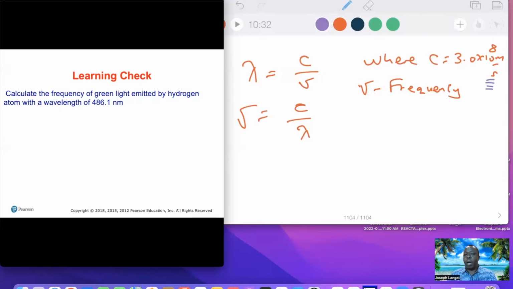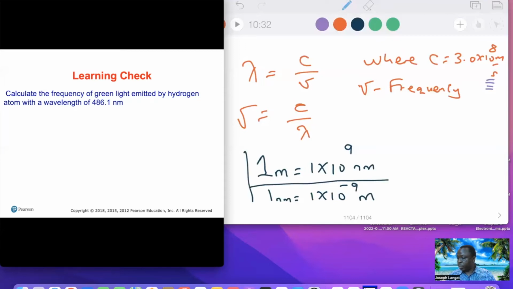So you need to recall, and this is something you will not be given, 1 meter equals 1 times 10 raised to 9 nanometers, or 1 nanometer equals 1 times 10 raised to negative 9 meters. Whichever way you choose, this is something you need to remember. And I picked this because of the units.